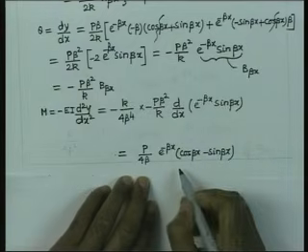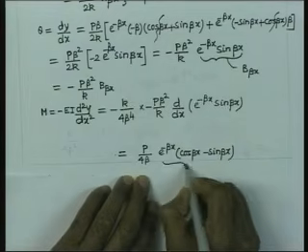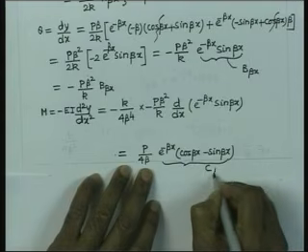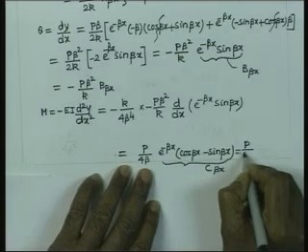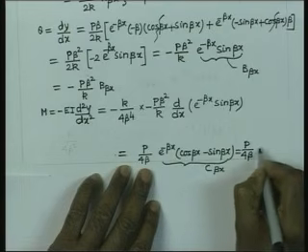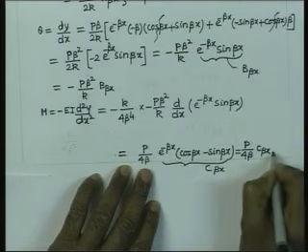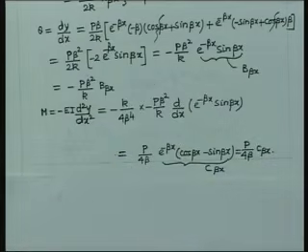Here again we write this function as C beta x, and with that symbol it becomes p by 4 beta into C beta x. So, that is the value for the moment in terms of sin beta x, cos beta x, and e to the power minus beta x.